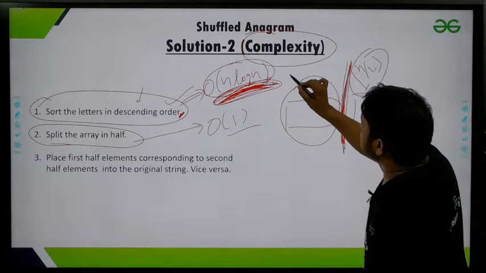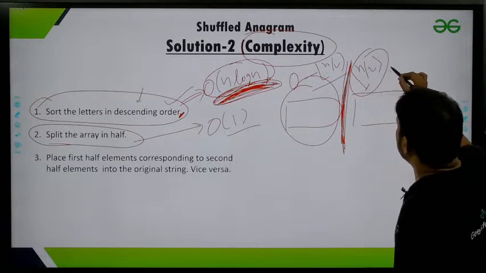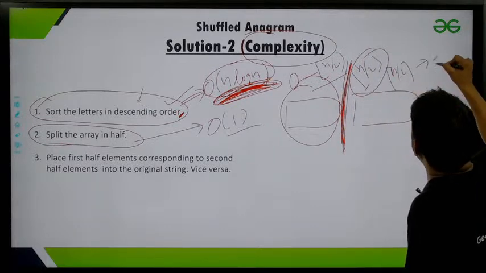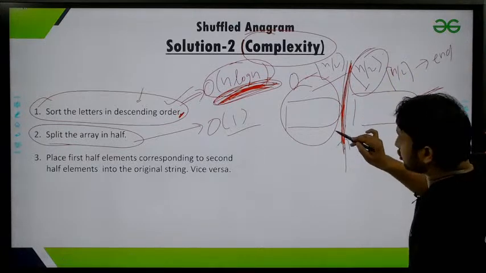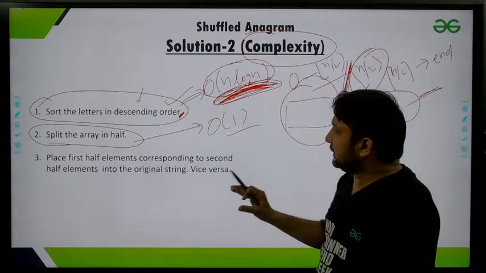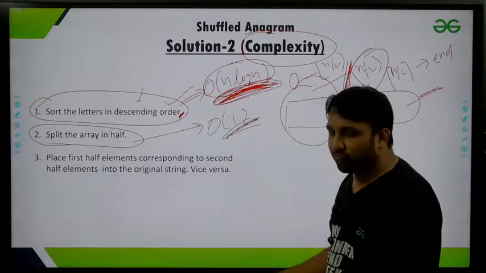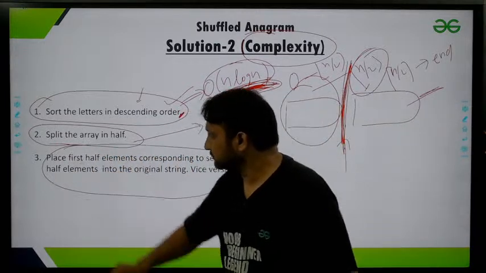So elements from 0 up to n by 2 are in the first part, and from n by 2 up to the end in the second part. To divide, we just get the middle element index, which can be done in order of one time.